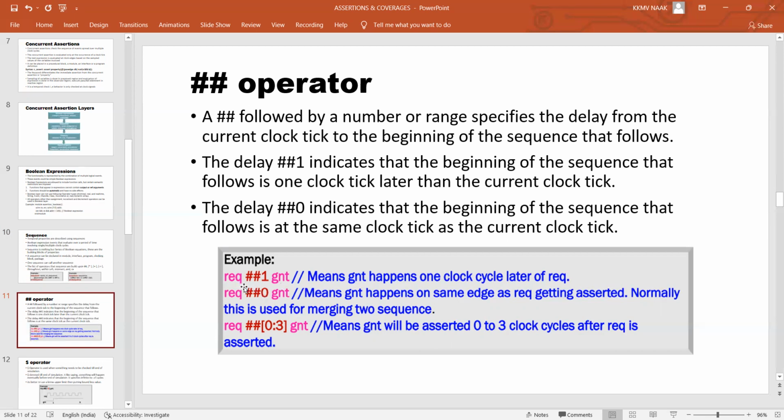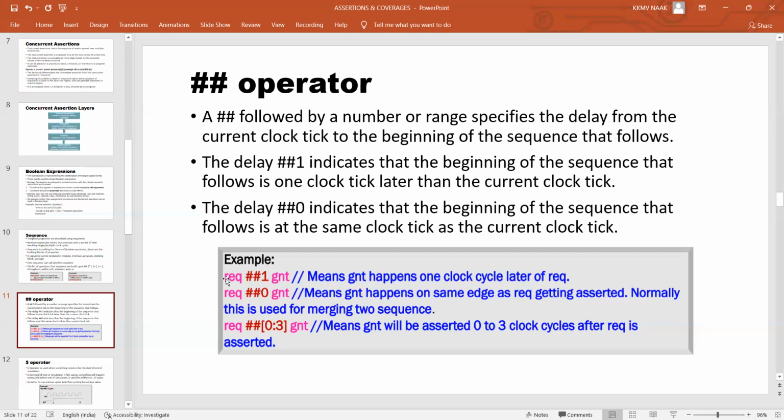So if you see request double hash 1 grant, what happens is when your request is high, request is one signal, your grant is another signal. In between these two signals there is a relationship that when your request is high, after one clock cycle your grant should be high. If you are writing request or a signal like A, it will by default take the value of 1.